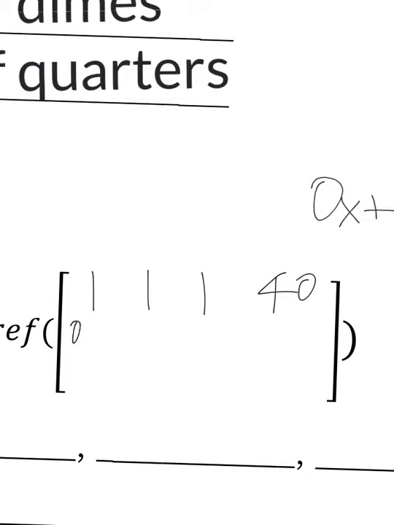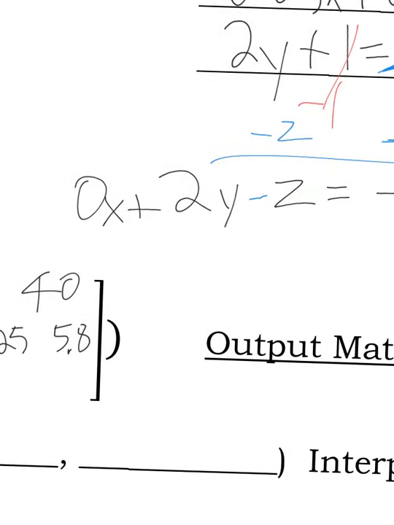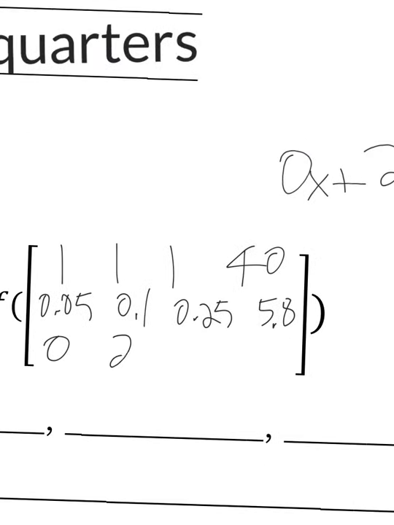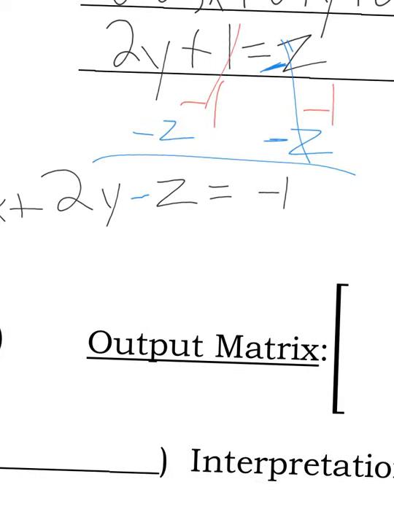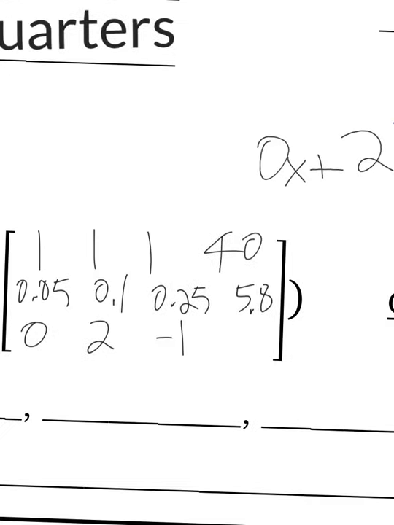The other one I had a nickel, so that's 0.05, 0.10, 0.25 equals $5.80. So 5.8. And the last one, I had 0 x's. It didn't talk about the nickels at all. And then I had 2y minus 1z. And then that's equaling -1 because I minus that 1 over.